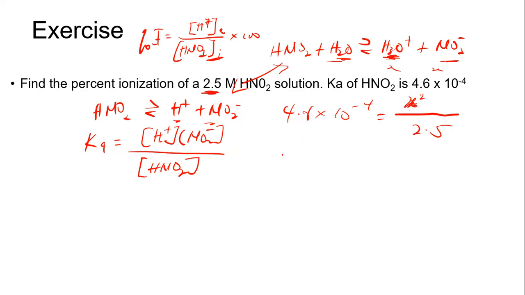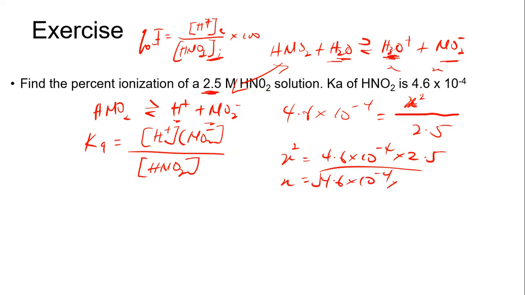So I can make x the subject. Let me do it slowly. X squared will be equal to 4.6 times 10 raised to the power negative 4 multiplying 2.5. Then x will be equal to the square root of 4.6 times 10 raised to the power negative 4 multiplying 2.5.